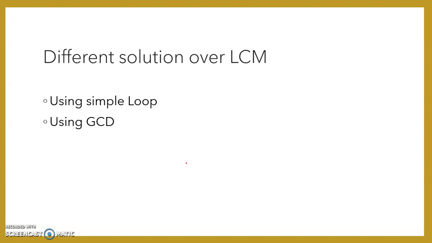So while writing an algorithm for LCM you can write it in two ways. First way is you can use a simple loop structure, that is a for loop, or we can use a while loop, right? Another way is we can use GCD. That means with the help of calculating GCD, we can find out the LCM. So today I'm going to show you both the concepts.